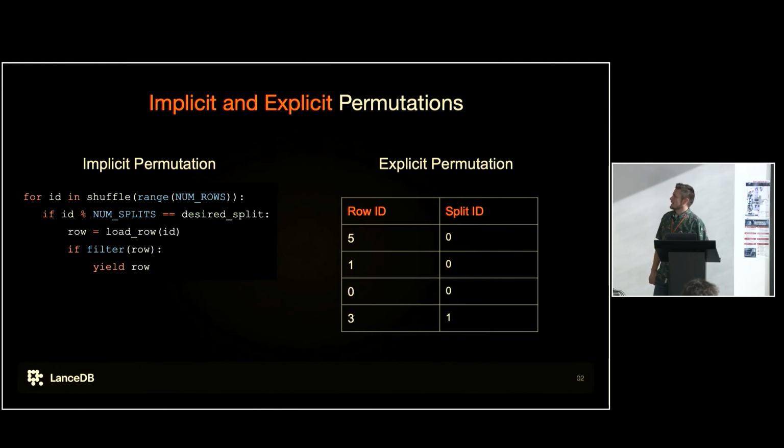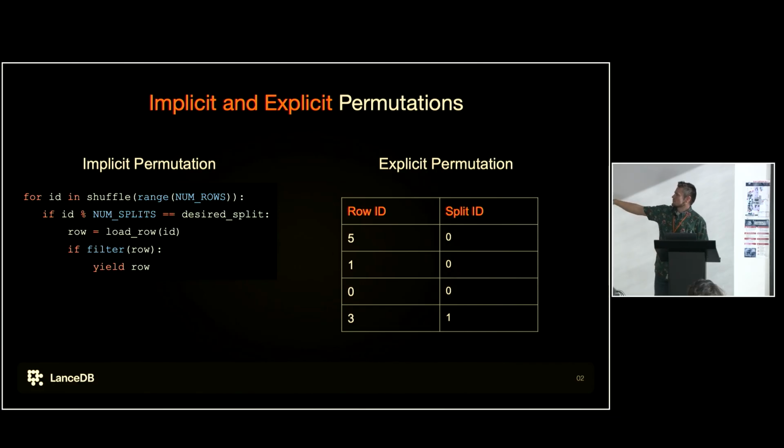You probably won't see exactly that nowadays because the PyTorch data loader hides all of that within, but it's doing this internally. So, for ID in shuffle(range(num_rows)), and so on. If you look under the hood, shuffling a range of num rows actually has to generate the entire range of rows that you have and then shuffle it in place, just because of the way those algorithms work. So you actually do have a permutation in there somewhere.